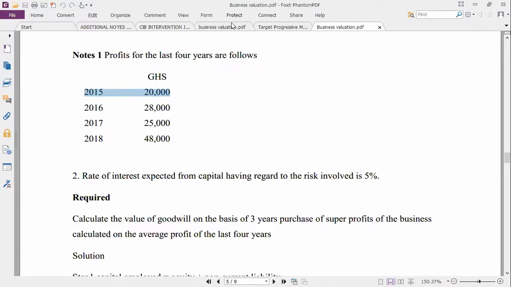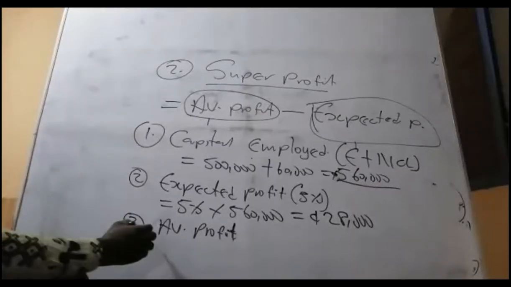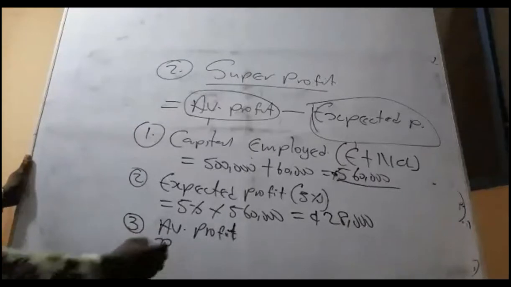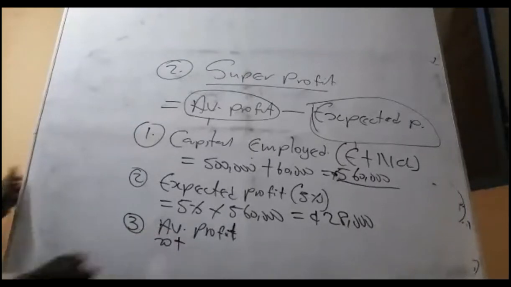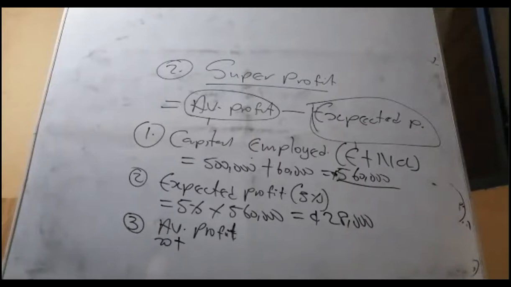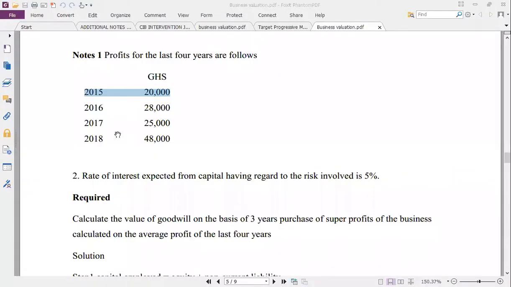So average profit will be 20 plus 25 plus 28 plus 48, all divided by 4.